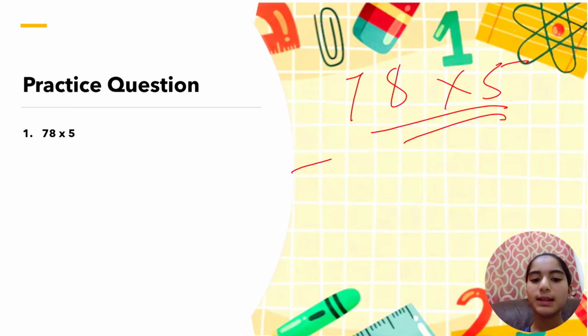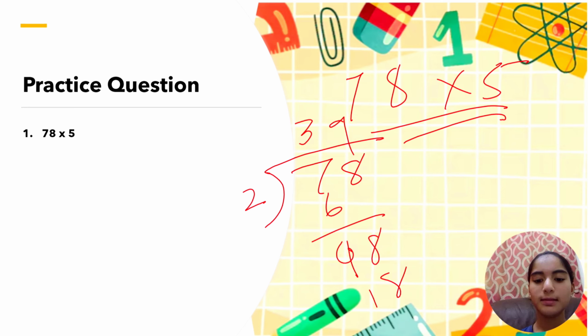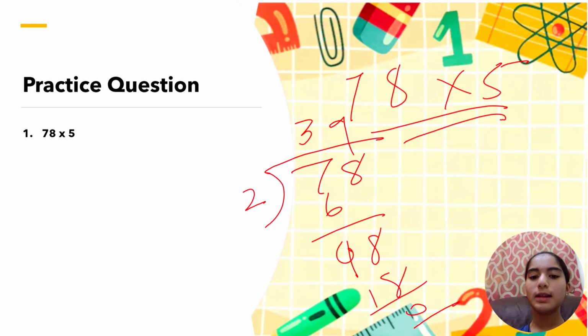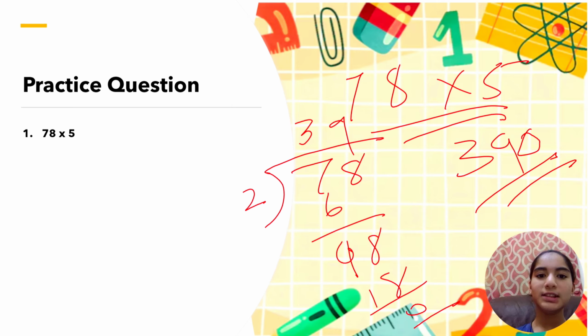Let's take the half of 78, which is dividing by 2. 2 threes are 6, then 1. 2 nines are 18. Now 39 will be the answer. Then they said to add a 0 to the end. 390.